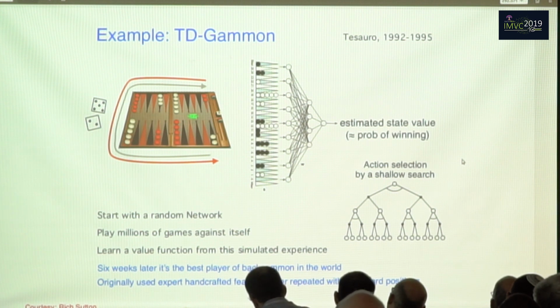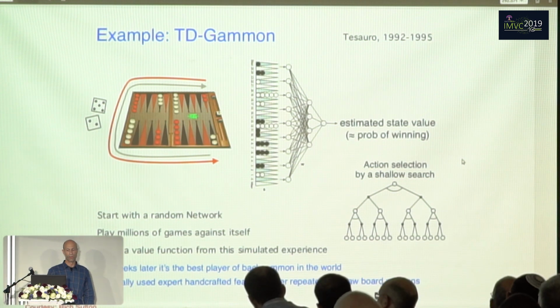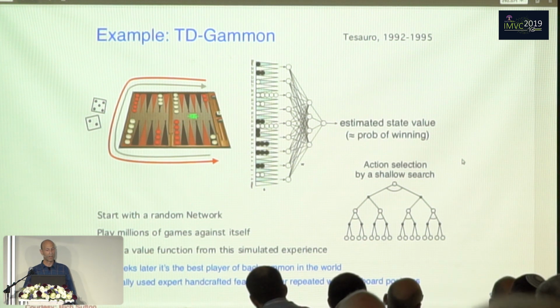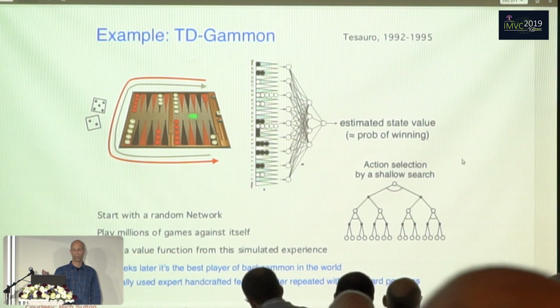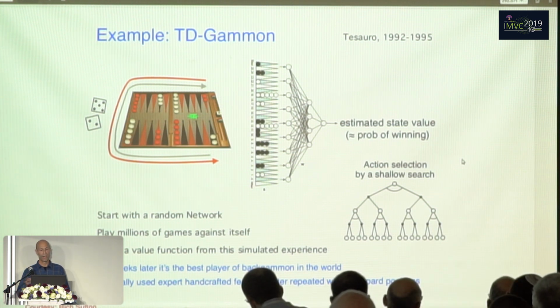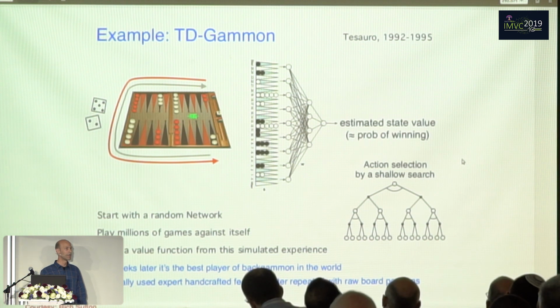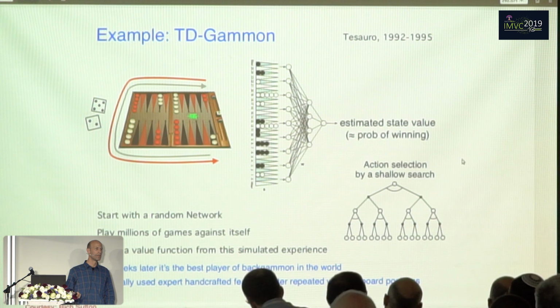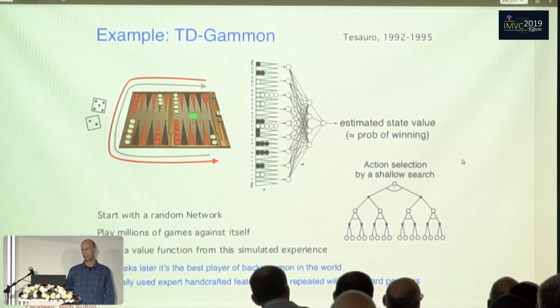The value is the probability of winning from this state. So TD-Gammon starts with a random network. It plays millions of games against itself, learns a value function from this experience, and six weeks later, it's the best player of backgammon in the world, beating all top humans. This created a big splash back in 1992, but it has one problem. It was very hard to reproduce the success in other domains.